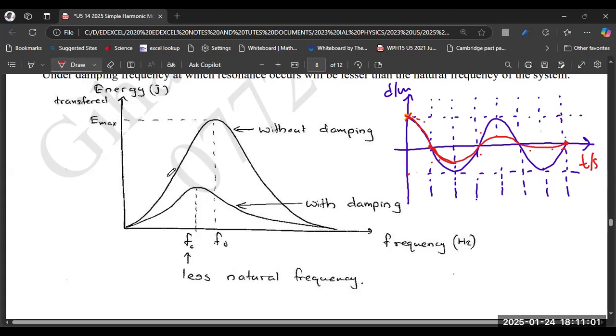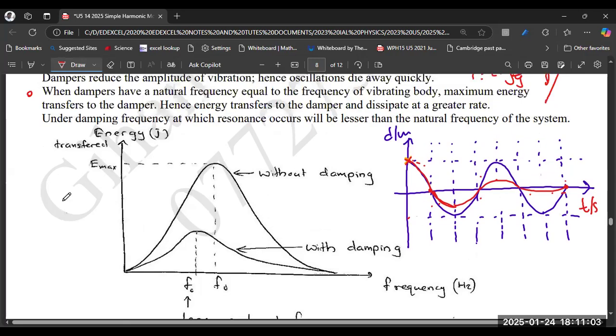We are actually talking about a vibrating system. Let's say, like what you saw in that video, we are having a vibrator connected to a spring mass system.